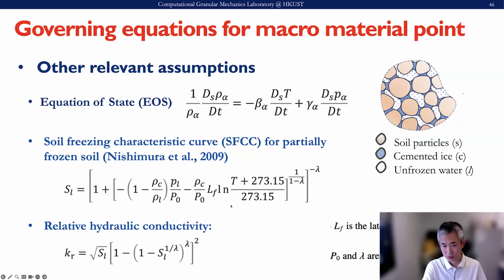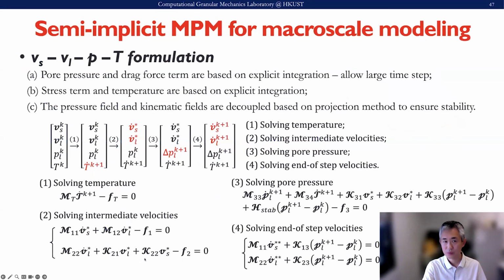And so this is the equation we have to solve, and we also consider the relative hydraulic conductivity for that case here. And again, here we introduce this ice phase, and then we use this VPT formulation.